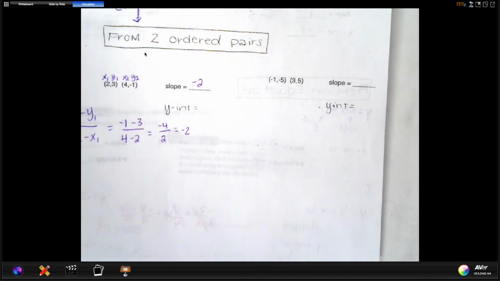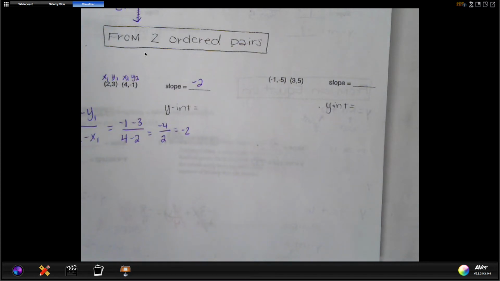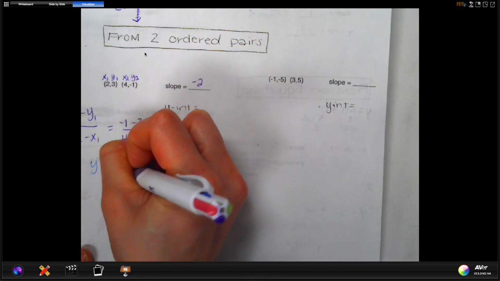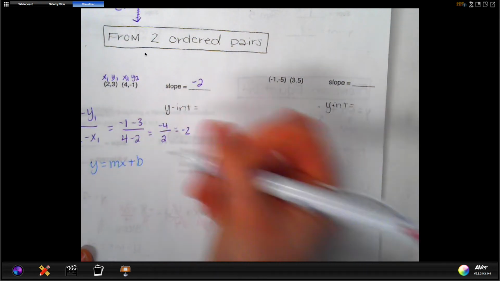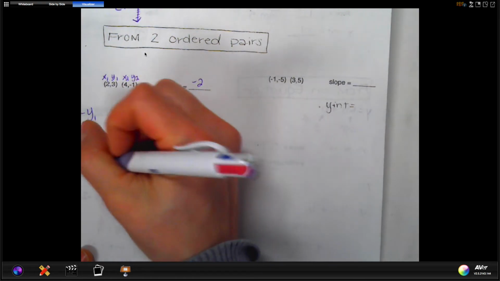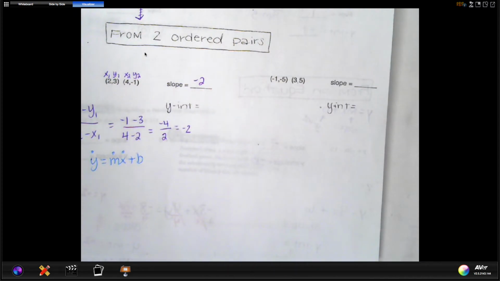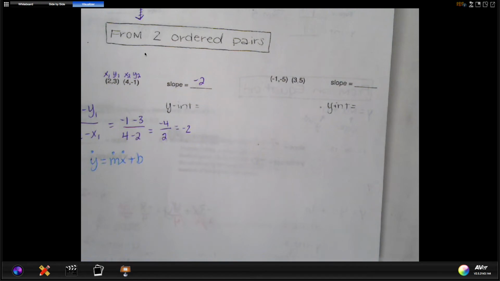Now, the y-intercept from ordered pairs, this is something that might be new to many of you. To find y-intercept, you have to use the formula y equals mx plus b. And you are going to plug in numbers for y, m, and x, and you will solve for b, which remember is the y-intercept.